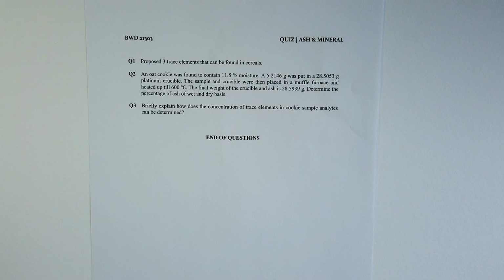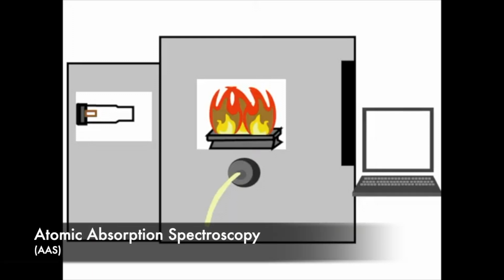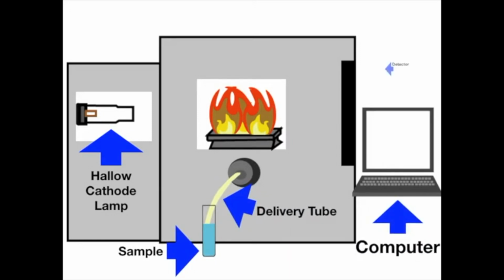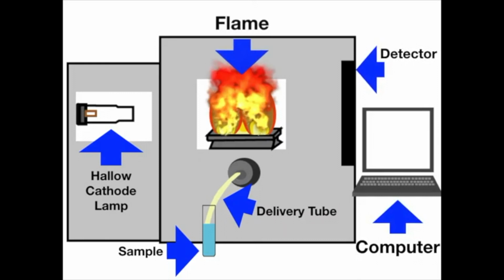In this case, the concentration of the trace element in cookie sample can be determined by using the atomic absorption spectroscopy, or the AAS. You were asked to explain briefly on how this concentration can be determined.